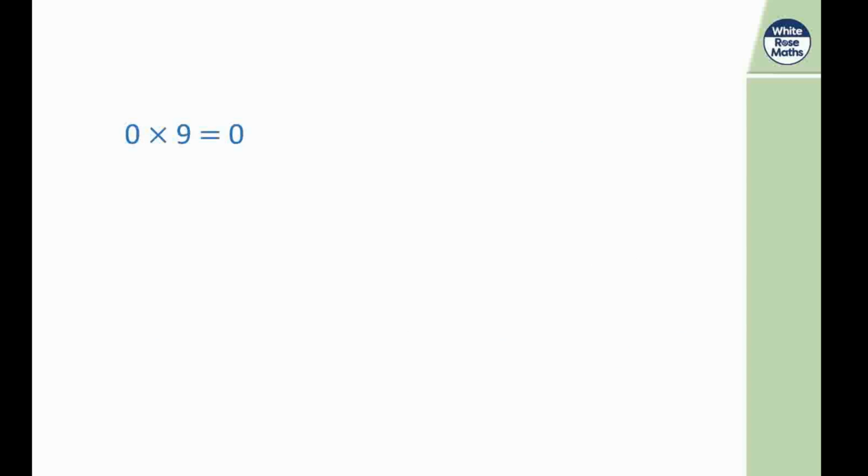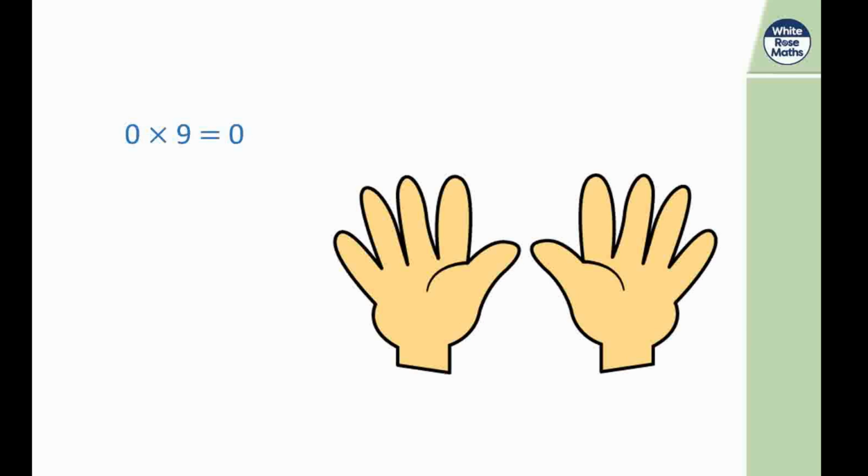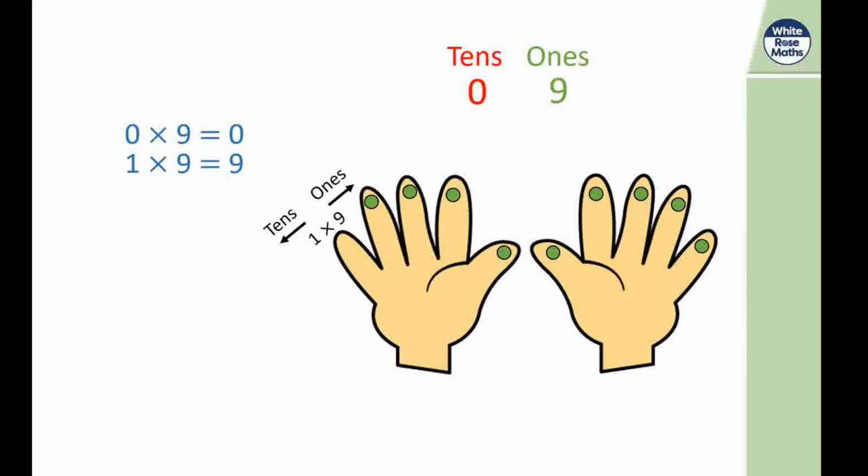Okay. 0 times 9 is 0. Well, I've told you the answer. Oh, are they doing what I suggested? Let's see. Tens and ones. Right. Tens. So there's 0 tens. That's correct. And there's ones. 9 ones. 2 times 9. There's 1 ten.